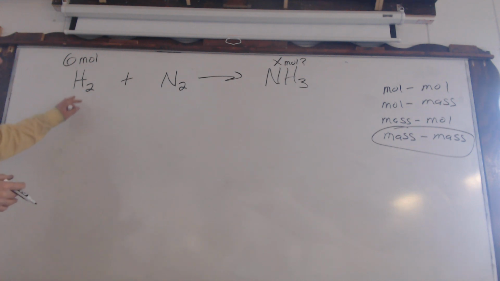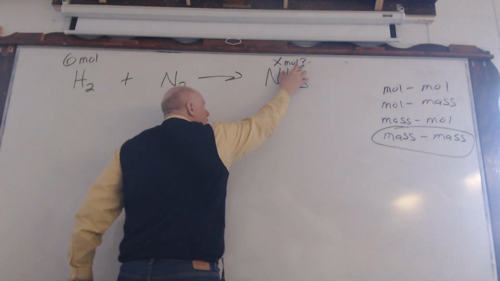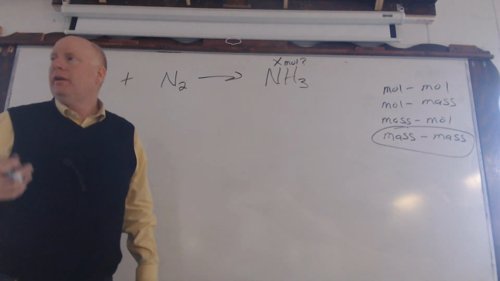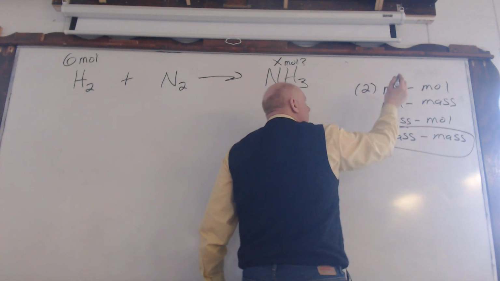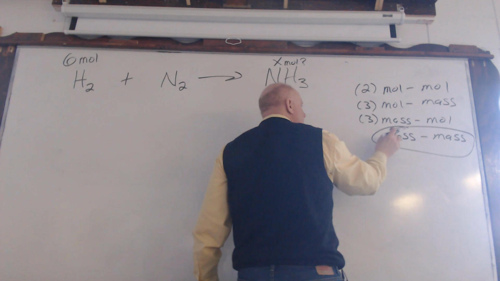When you set it up like this, we're looking for an unknown substance and how much in moles of this is going to be produced. Once you recognize that, we know this is a 2-step problem, this is a 3-step, this is a 3-step, and this is the most complex, so it must be how many?